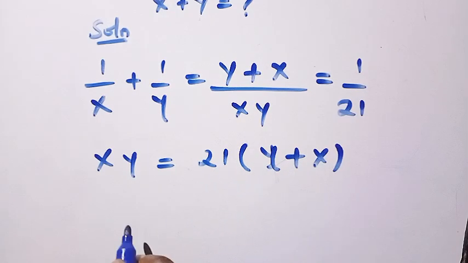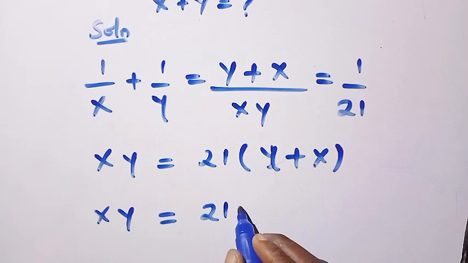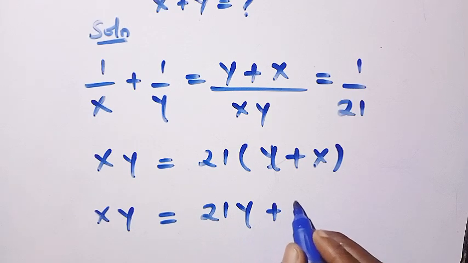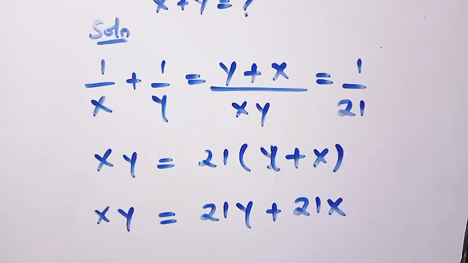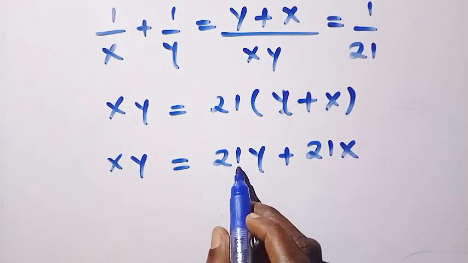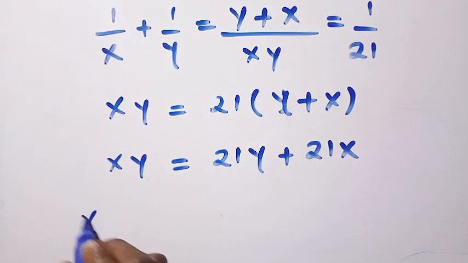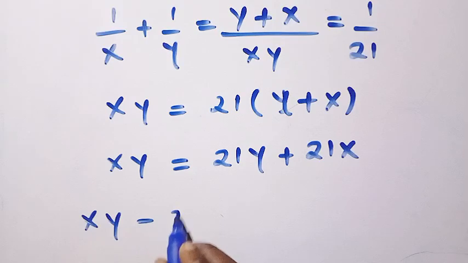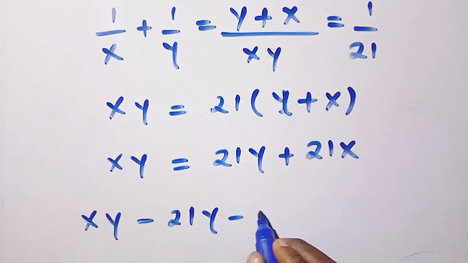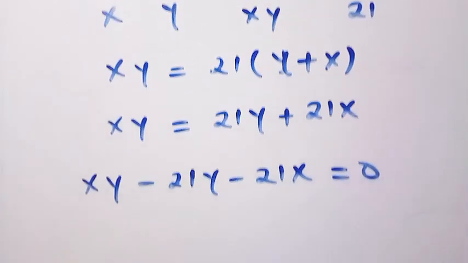So open this out. We are going to have xy equals 21y plus 21x. Taking 21y plus 21x to this side, we have xy minus 21y minus 21x equals 0.